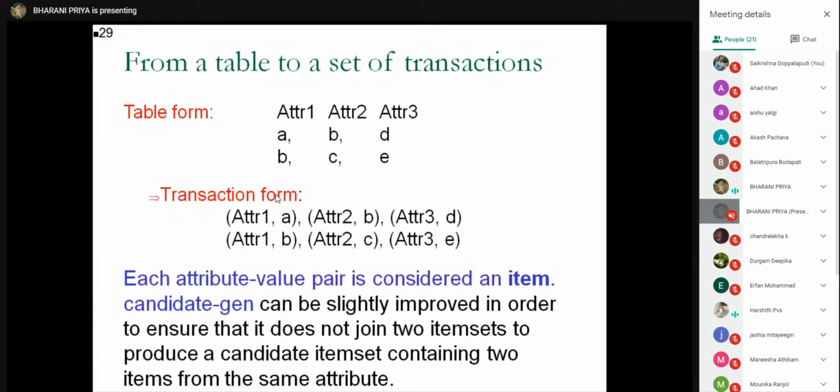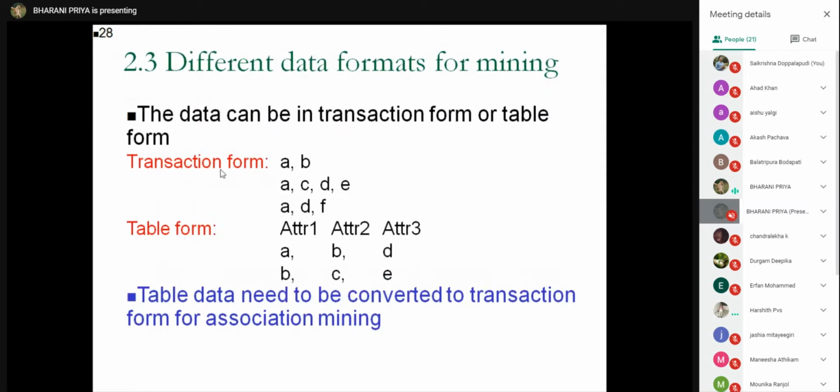Ma'am, will you try? Is it that we take the first of the pair and keep it as column heading? One minute. Who is answering? Harshit, ma'am. See, I am not giving the data in this form, that is, attribute value form. I am giving the data in this form. Only the items are given.